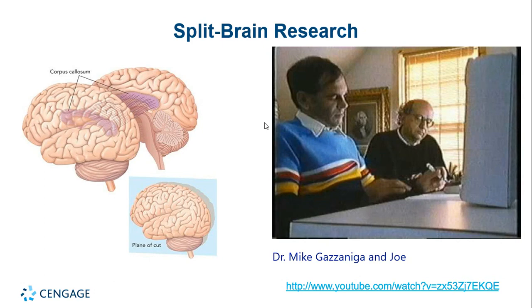And the other gentleman, by the way, Dr. Gazzaniga is the gentleman to the right. The gentleman in the front here, in the left of the photo, is Joe. And Joe does not have a corpus callosum.